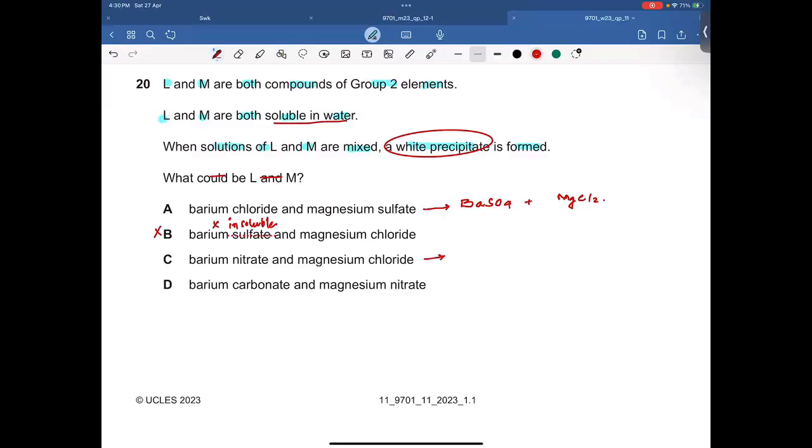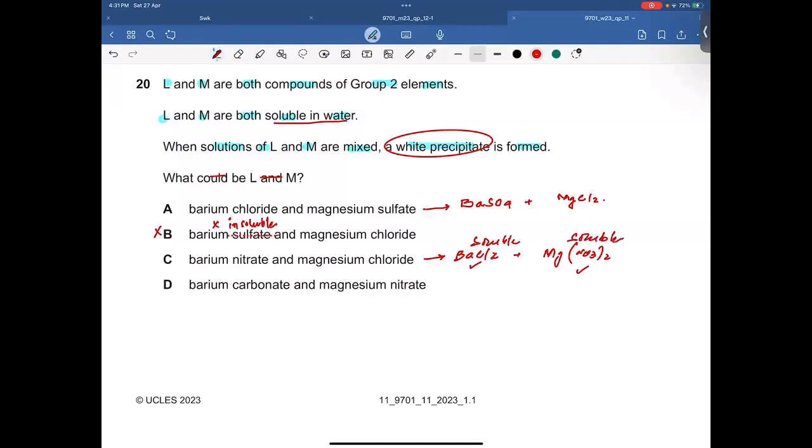So when barium nitrate and magnesium chloride are involved in the reaction, obviously, let me write the direct products. You are getting barium chloride and magnesium nitrate. Guys, all nitrates are soluble. All barium chlorides are soluble. So this is also soluble. This is also soluble.